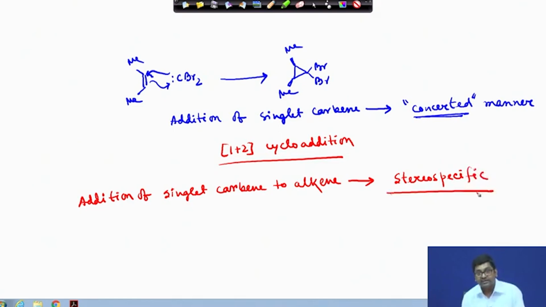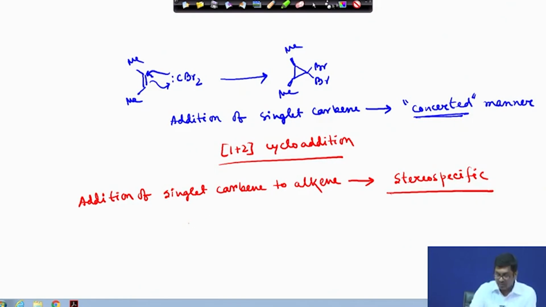That means, we are starting from one particular starting material with a specific geometry or stereochemistry, and in the product we are getting a specific stereochemistry. Okay. So, if we are starting with Z olefin, we are getting this cis cyclopropane, and if we are starting with E olefin, we are getting the trans cyclopropane. This gives the idea about these stereospecific reactions.